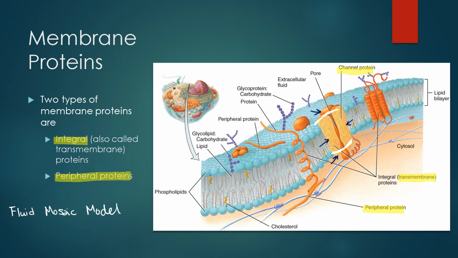These peripheral proteins are almost always hydrophilic, just because they're on the outside attached to the polar heads or to the integral proteins. So they don't enter into that very hydrophobic lipid region of the membrane.